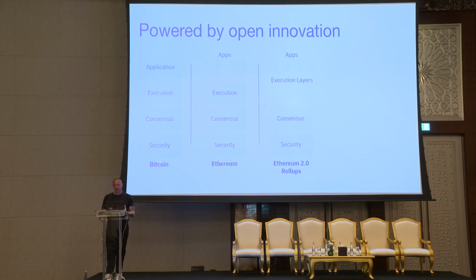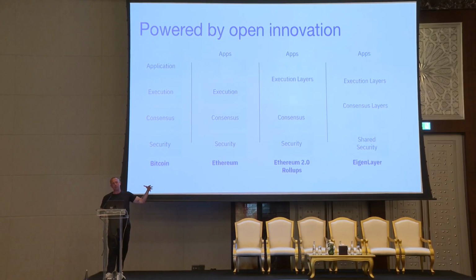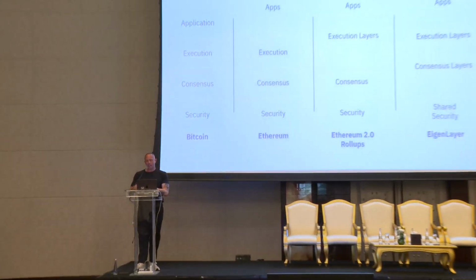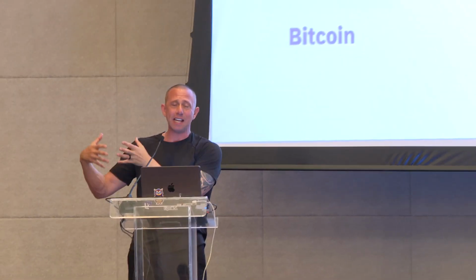So what if we could take the pooled economic security that we have from blockchains like Ethereum and Solana, and combine that with any arbitrary off-chain code that we want to write in any programming language, TypeScript, Rust, Go, Python, whatever? That's essentially what EigenLayer is, or really what shared security ultimately enables.